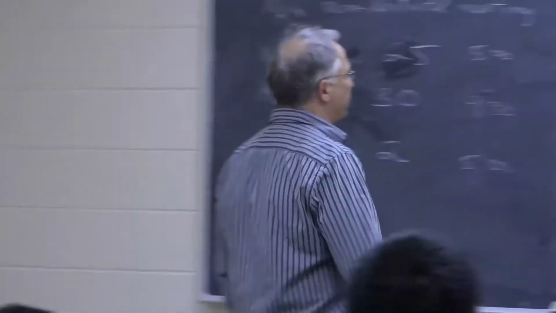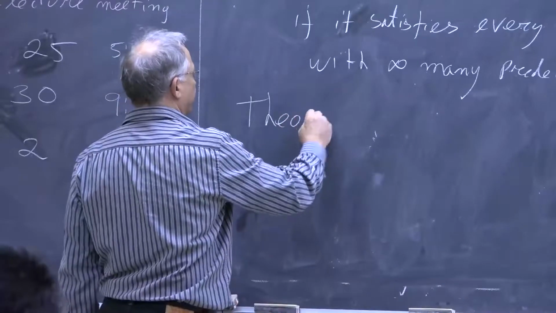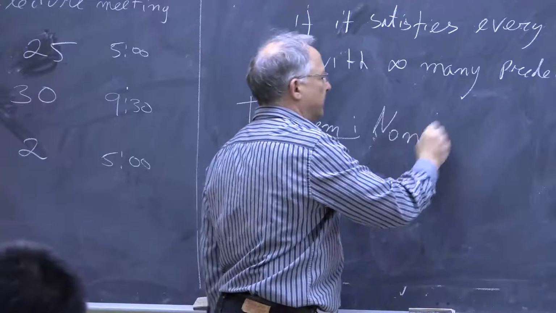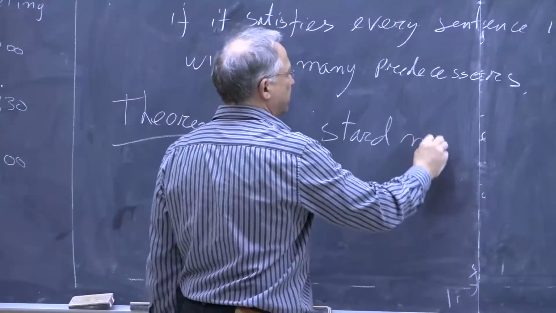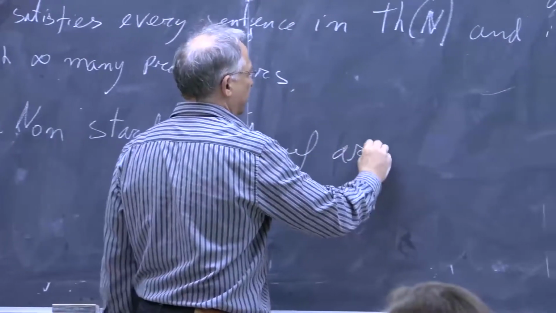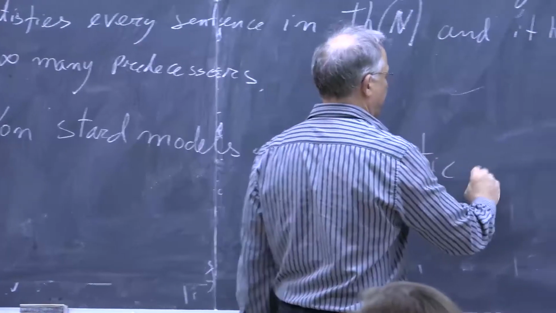And now we have this theorem that says non-standard models of arithmetic exist.